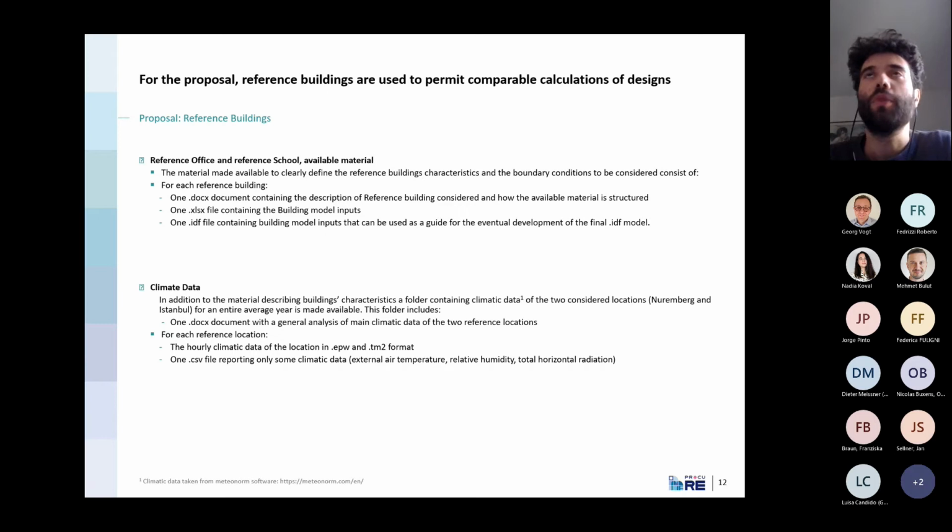And if you don't want to use this kind of software and you want a simplified version of the climatic data, we prepared also a CSV file including the main climatic data for the two locations, basically the external temperature, the relative humidity, and the horizontal radiation.